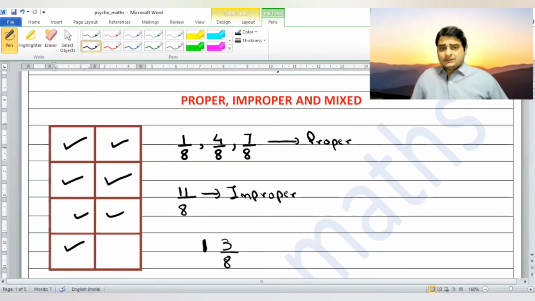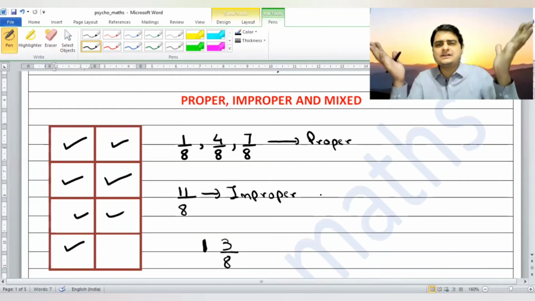So when the numerator is greater than the denominator, it is said to be an improper fraction. But when the numerator is lesser than the denominator, it is said to be proper.